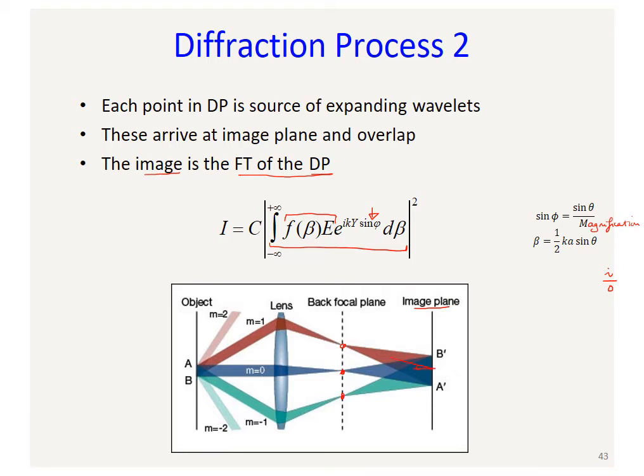That's for the m equals 1 order. So what this confirms is that the optical image is represented as the Fourier transform of the Fourier transform of the object.